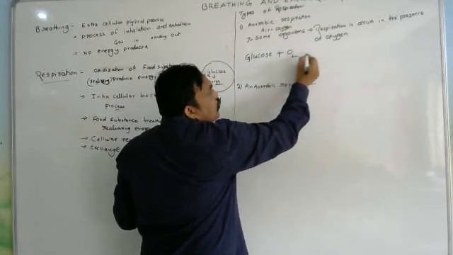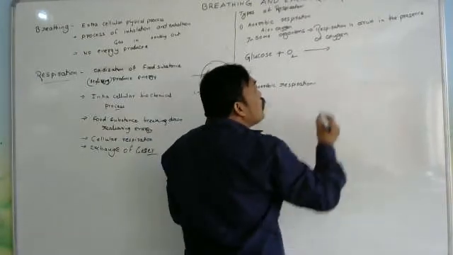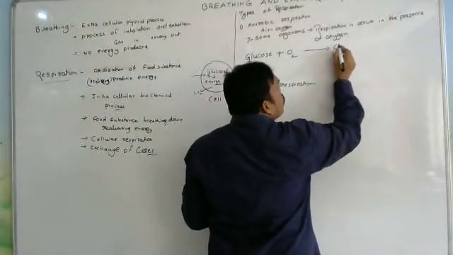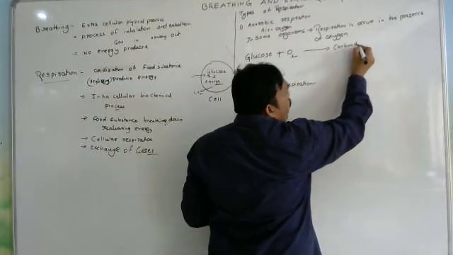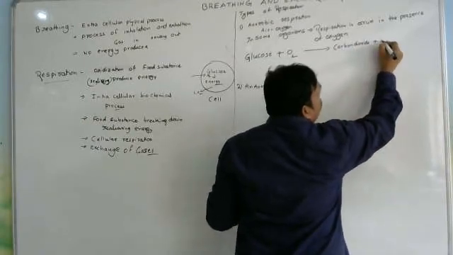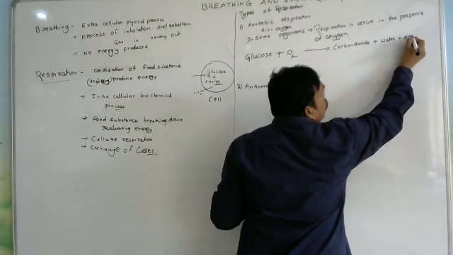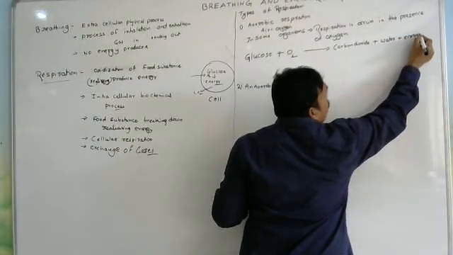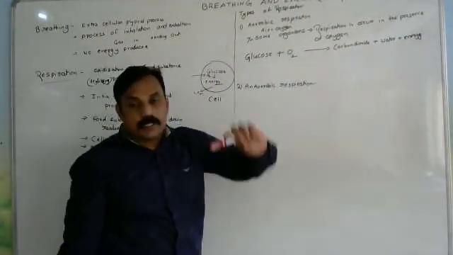Oxidation of glucose produces carbon dioxide and water and energy. Total 38 ATPs are produced, but 36 ATPs are remaining.